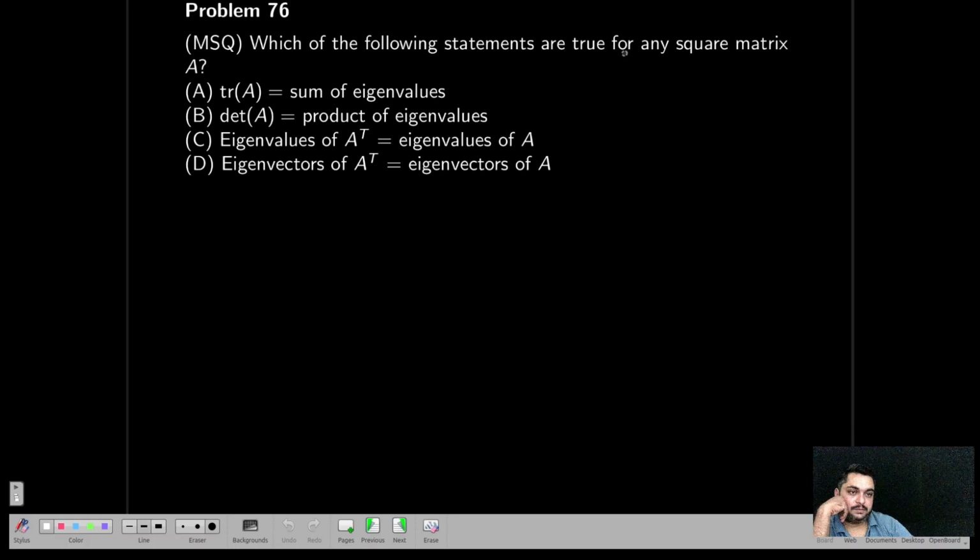Which of the following statements are true for any square matrix? Trace of A is equal to the sum of eigenvalues. Determinant is the product of eigenvalues. Eigenvalues of A transpose are equal to eigenvalues of A. Yes, this is true. But vectors, no. So eigenvalues of both will be the same, but eigenvectors will not be the same.